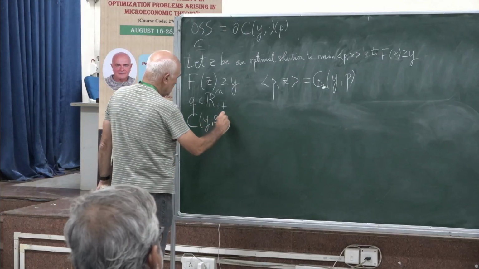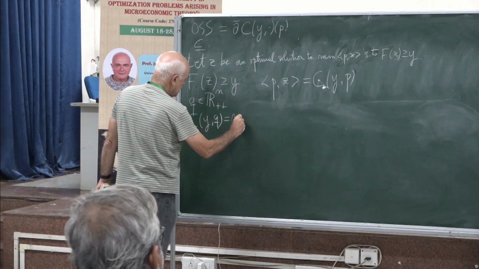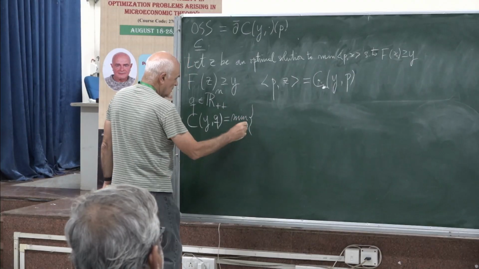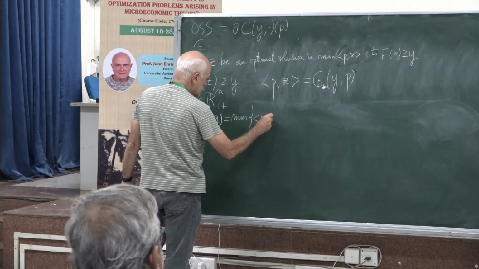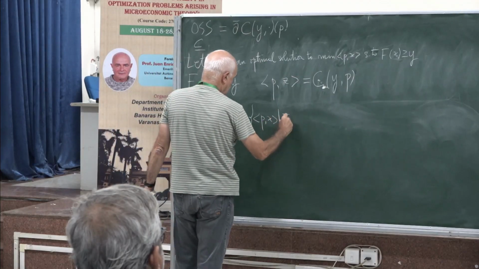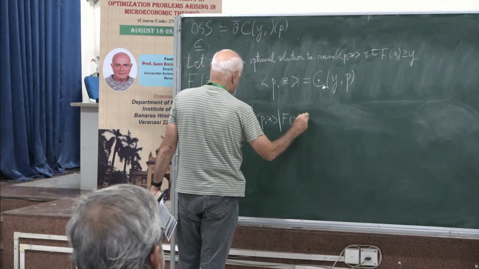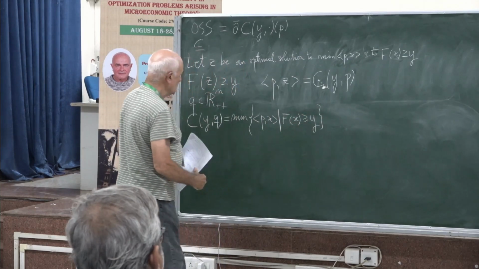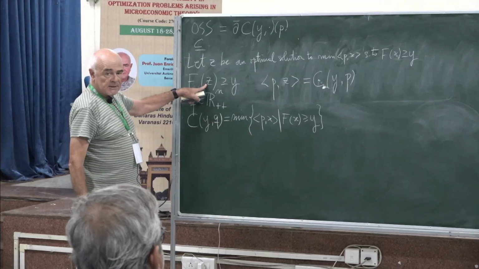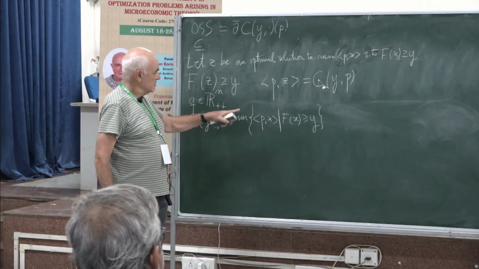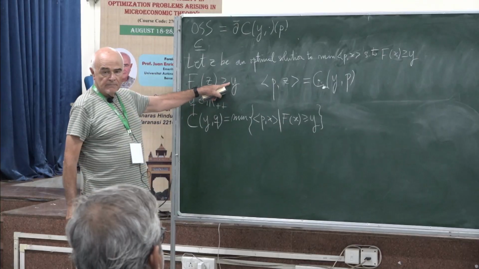C of y, q by definition is the minimum of px such that f of x is less than or equal to y. And z is among these x, as we are saying here.